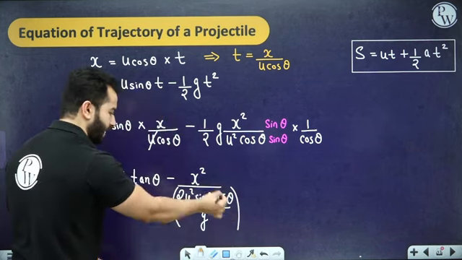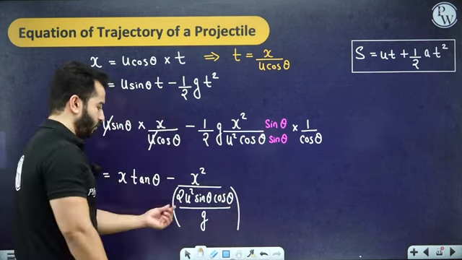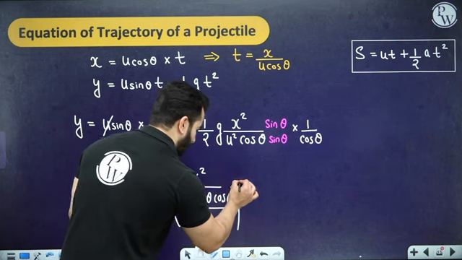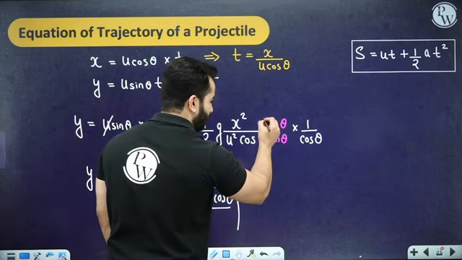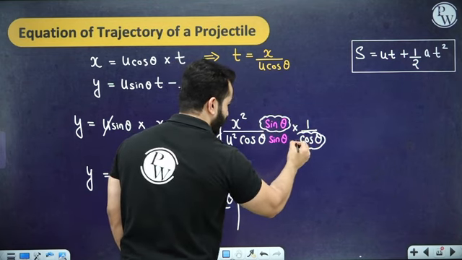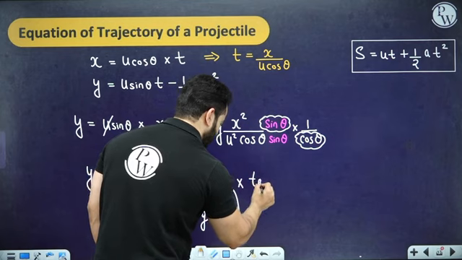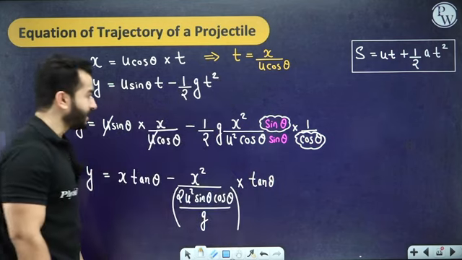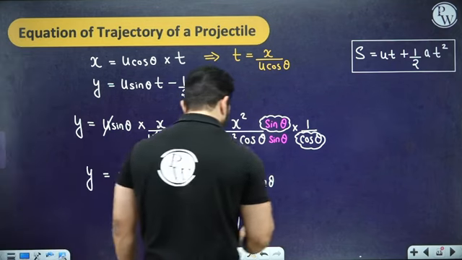Can you please see? This thing resembles a certain formula, right? Range. And what we have got, one sin theta over here and a cos theta over here, which again we can rewrite as tan theta. So that's it.